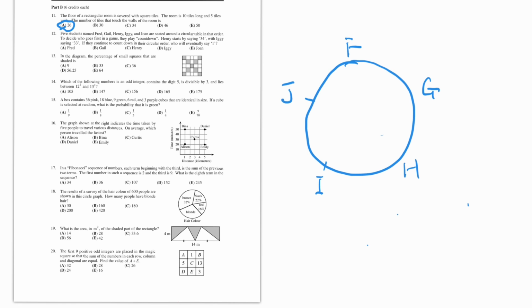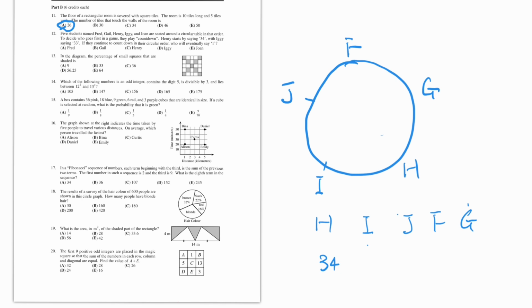Now they start with Henry. Here is the 34. So the 5 students, H and I, J, F, G, 5 students start with the 34.